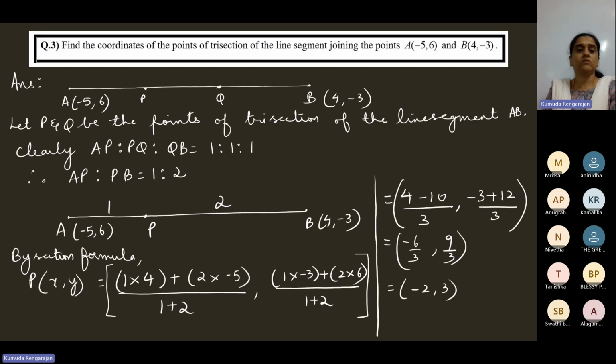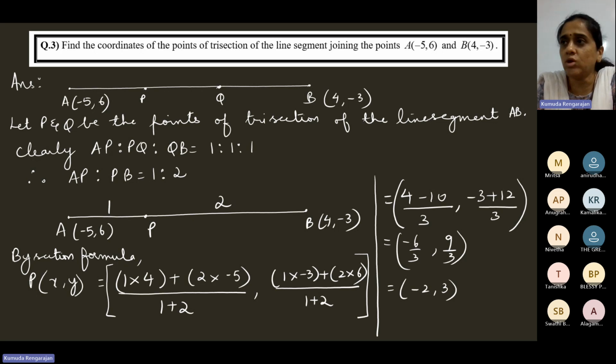Okay. So now, in what ratio does Q divide AB? Q divides AB in the ratio 2:1. So you can also find the coordinates of Q first. Take the line segment AB, use the coordinates of A and B, the ratio 2:1, and find the coordinates of Q using the section formula.